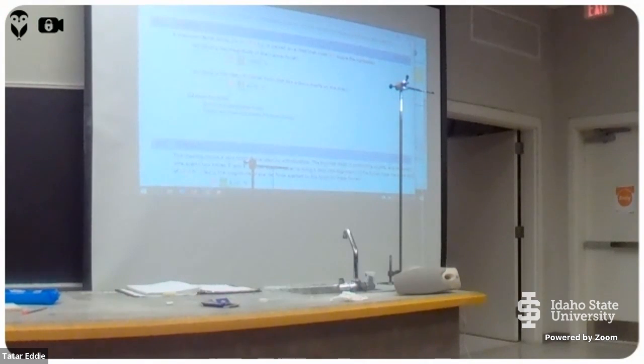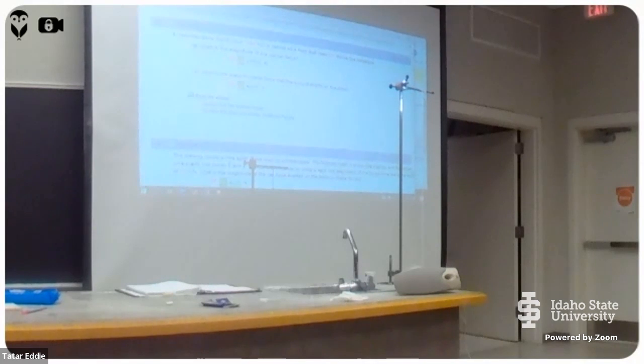You have the weight, gravitational force, mg, in this direction, vertically downward. The normal force is perpendicular to the surface of contact. So it is this way.